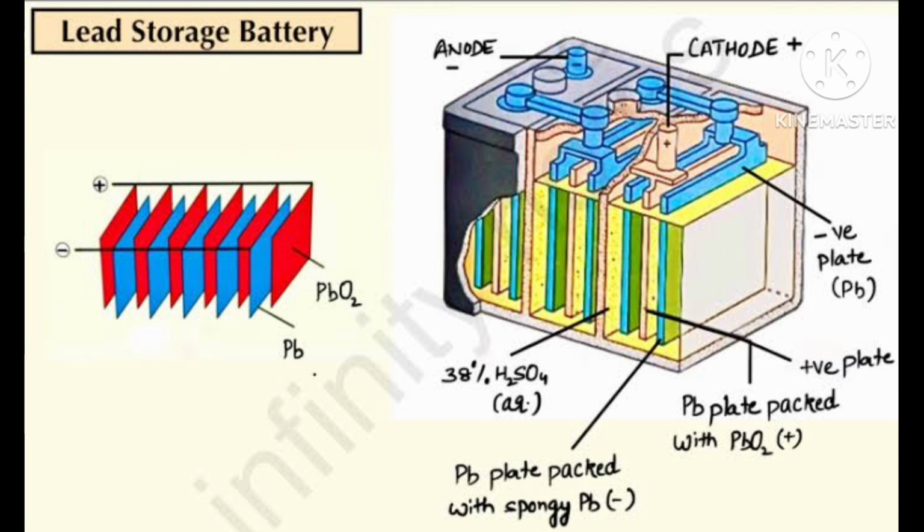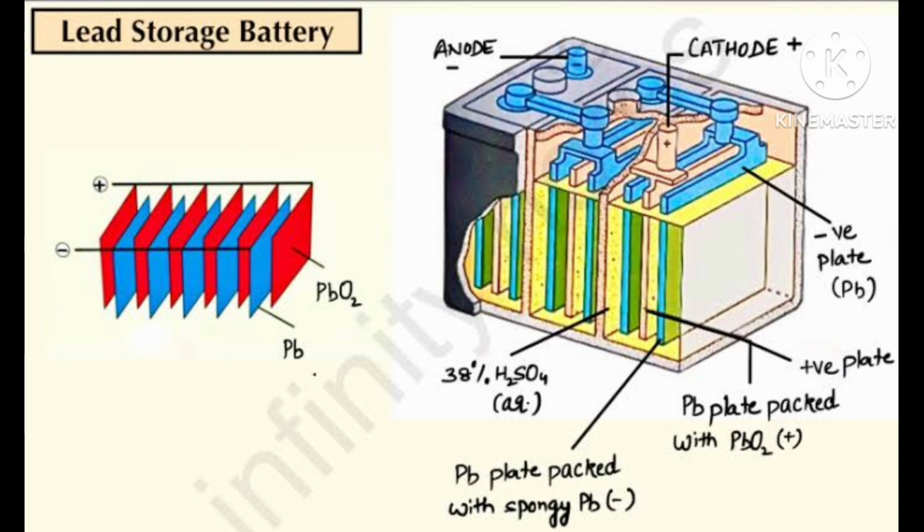The electrolyte will be a 35% solution of sulfuric acid. Not a very high concentration, but a 35% solution of sulfuric acid is used as the electrolyte.